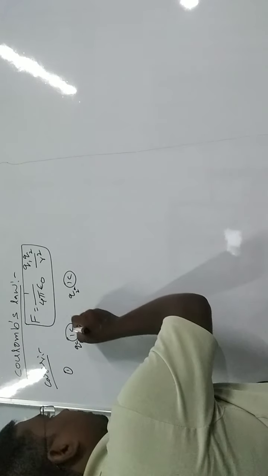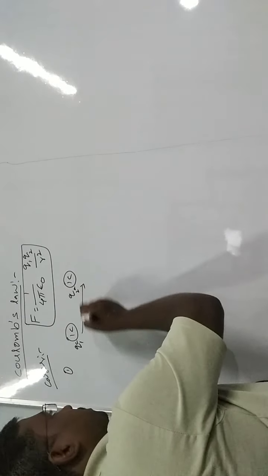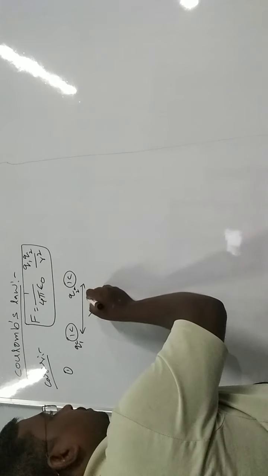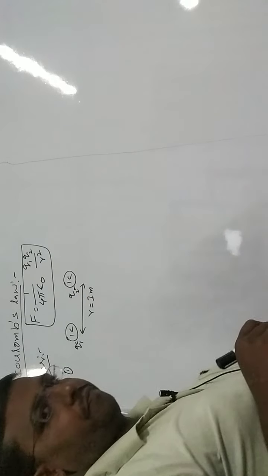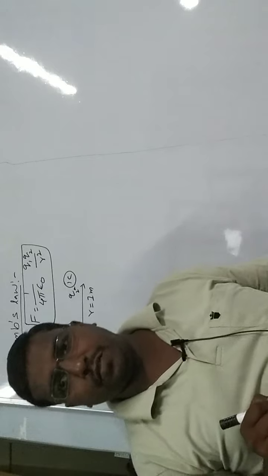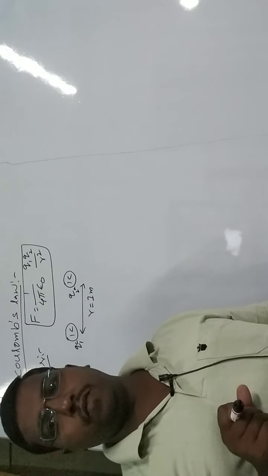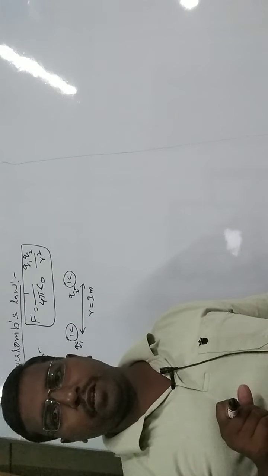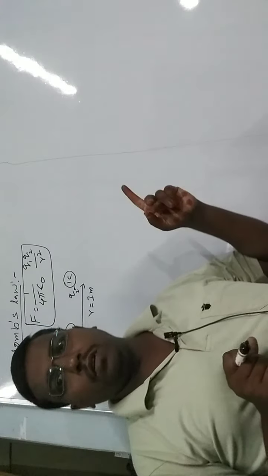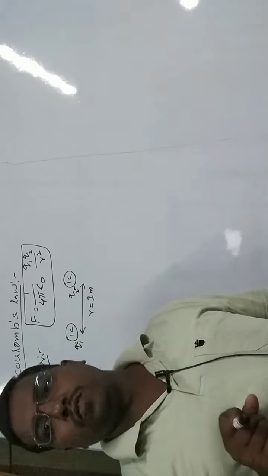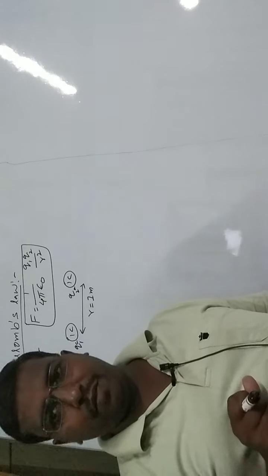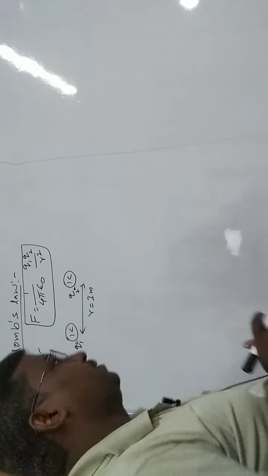Now they are separated by some distance R, which is equal to 1 meter. These are our considerations. Then what is the force of attraction or repulsion? Both are positive charges, so there is a force of repulsion. So what is the force of repulsion between these two charges?